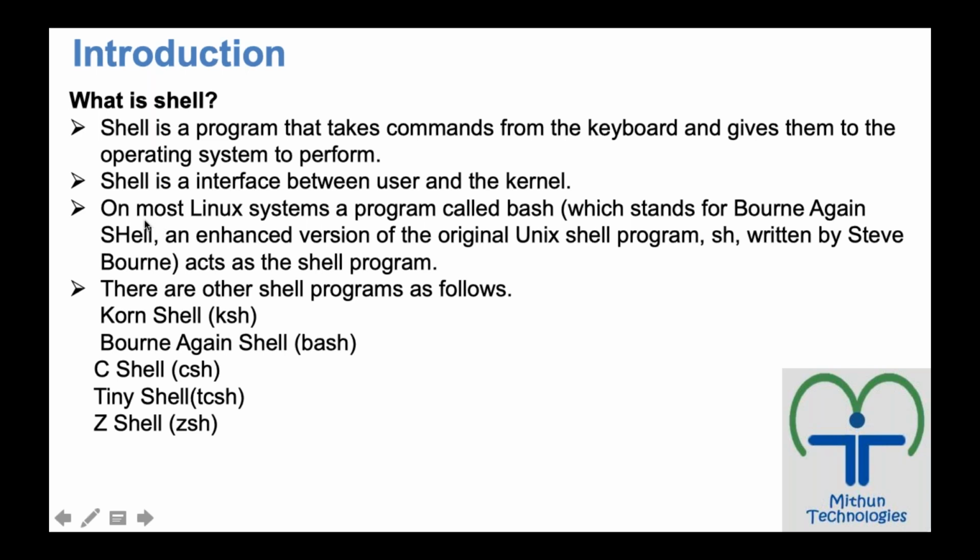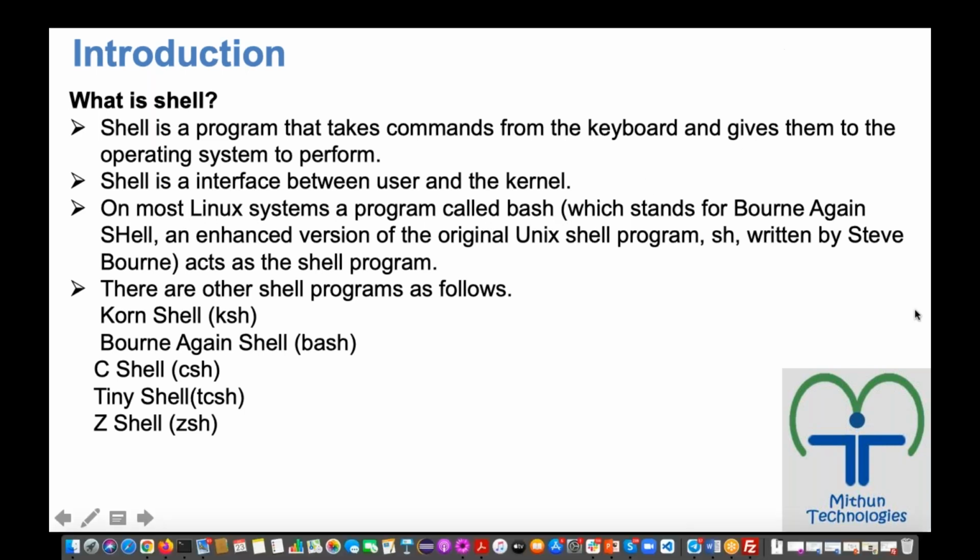On most Linux systems, a program called bash, which stands for Bourne Again Shell, is an enhanced version of the original Unix shell program, written by Steve Bourne. There are many other shell programs as follows: KSH, CSH, TCSH, ZSH, like that.